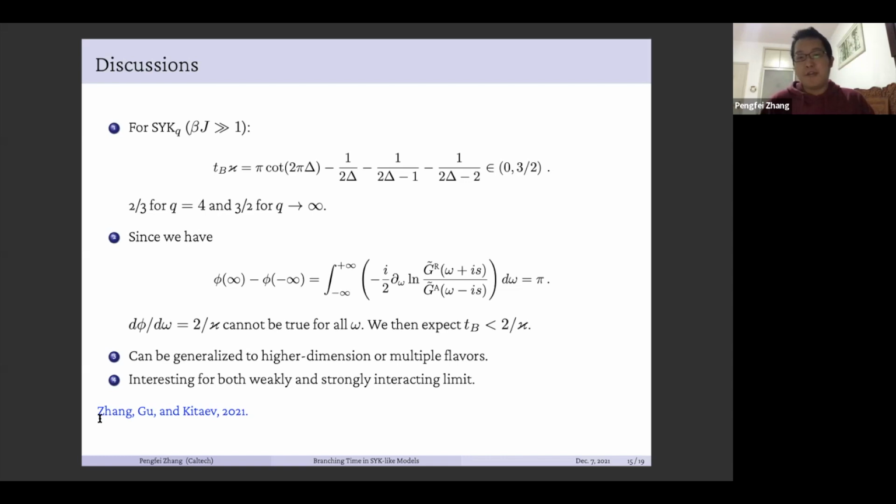For example, in the weakly interacting limit, one can imagine that both the Lyapunov exponent and the inverse of the branching time will be proportional to the interaction strength, which is like J in the SYK model. In the strongly interacting limit, the Lyapunov exponent and 1 over the branching time will be of the thermal scale, which is 1 over beta. So in both cases, from this simple argument, the branching time times the Lyapunov exponent will always be of order 1. So our bound saying their product is smaller than 2 is always meaningful.